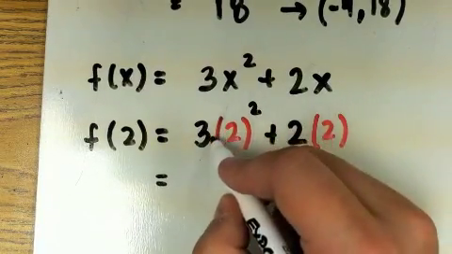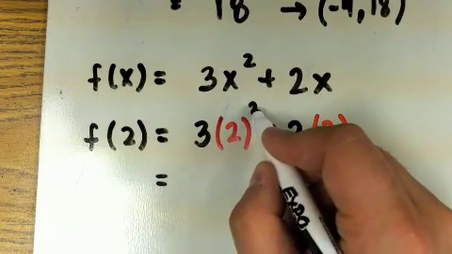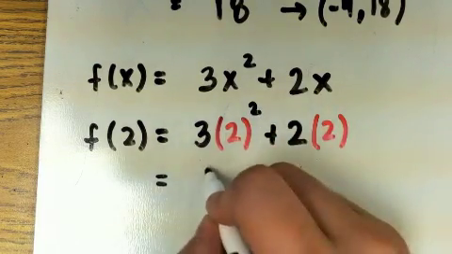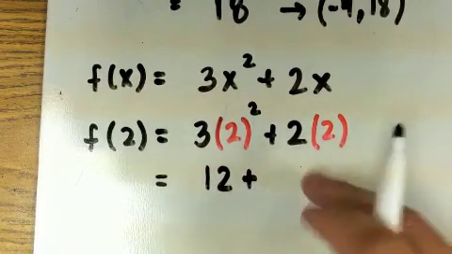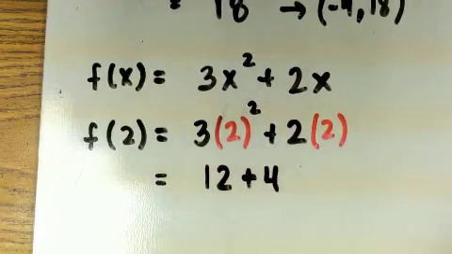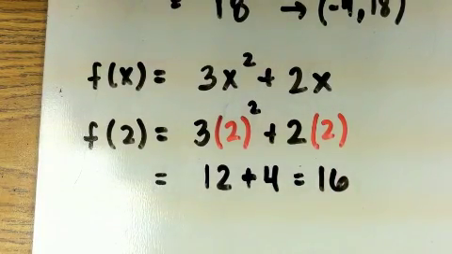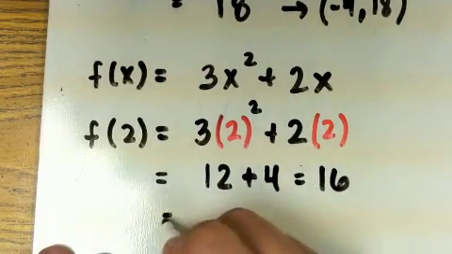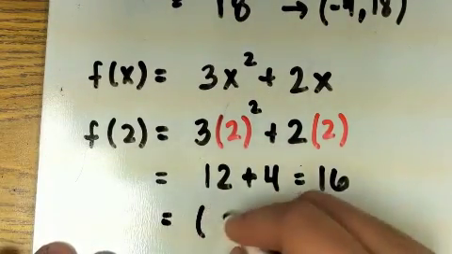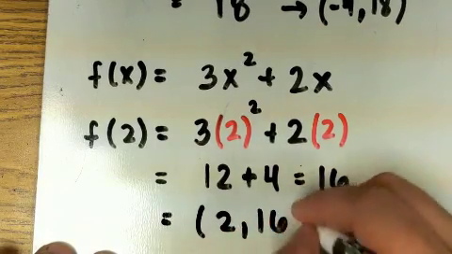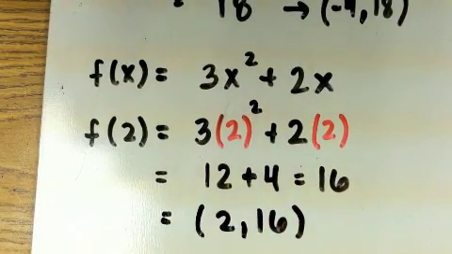So this is actually going to be 2 to the second power is 4. 4 times 3 is 12. Plus 2 times 2, which is 4. And 12 plus 4 is finally 16. Okay. So the answer to this thing as an ordered pair would be written as (2, 16). Okay. All right.